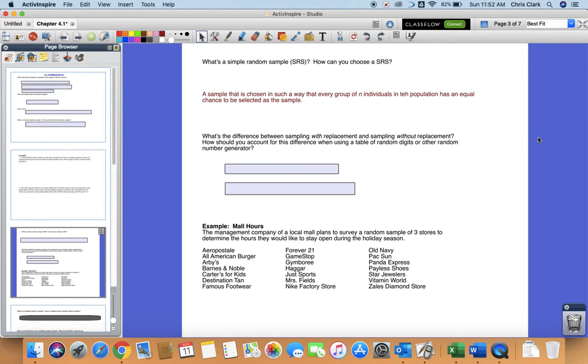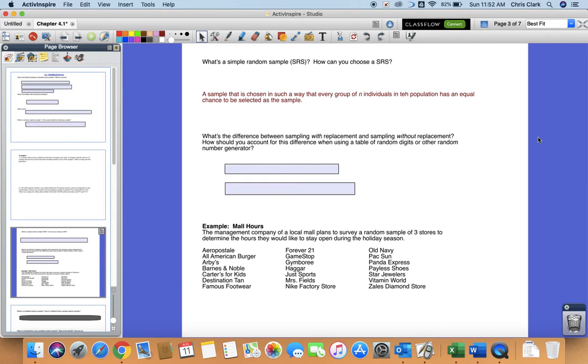And there's a way on the calculator that we can randomly select 3 numbers. The other way that we can choose an SRS, which is the way that I would always describe on an AP exam or a question like this, how to generate a simple random sample, is put all the names in a hat, all 18 names in a hat, and pull out 3 names. And those are the 3 people that are in my sample.